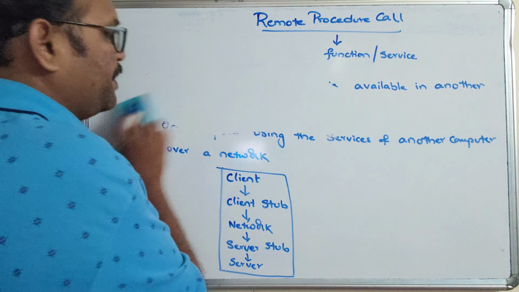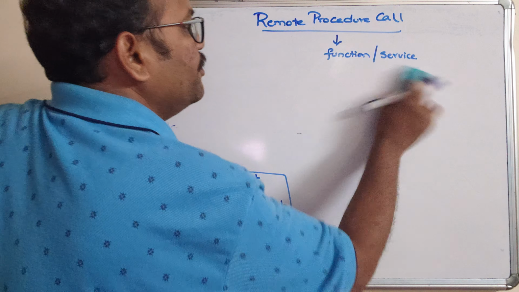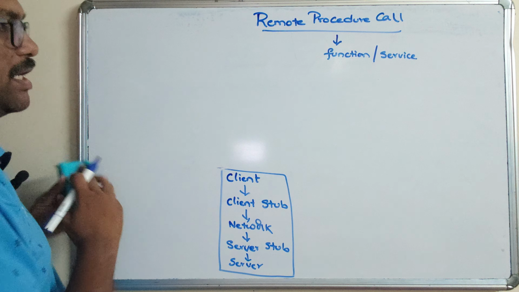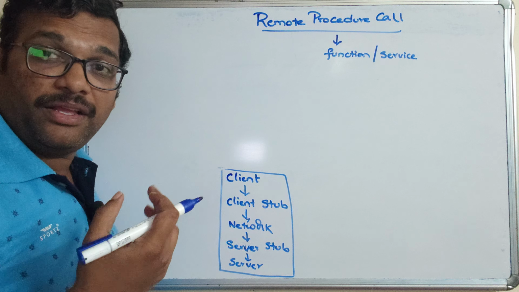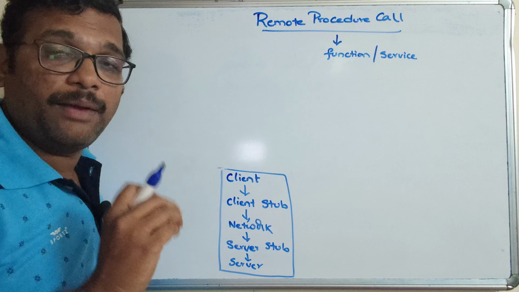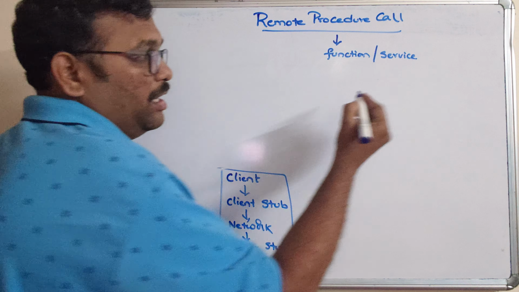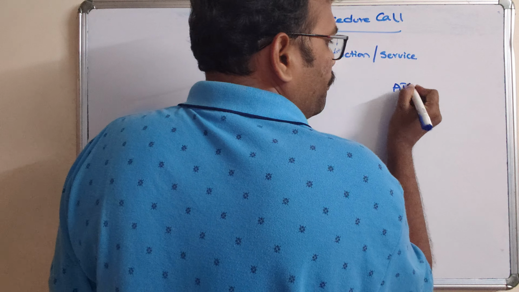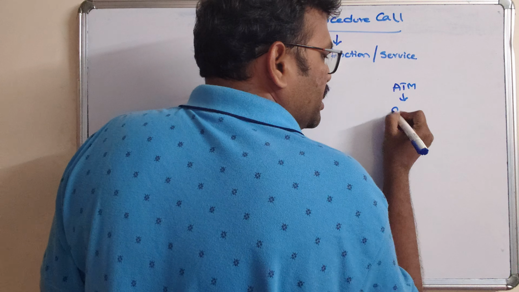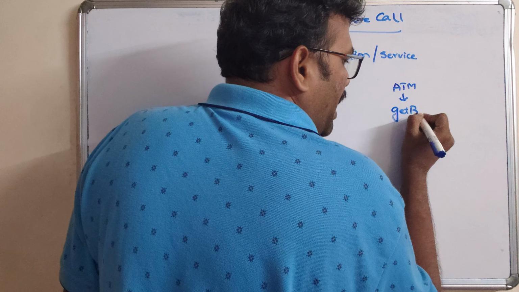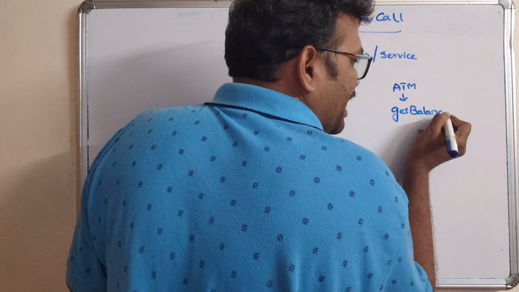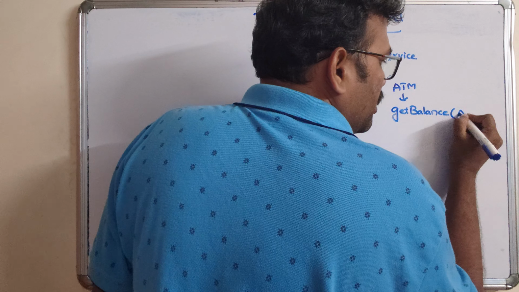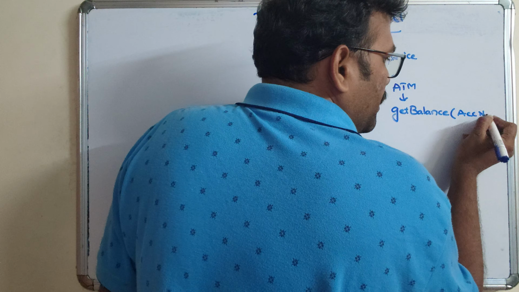See what happens. I'll give you a simple example so that you can understand. So you are going to an ATM and you are just using get balance function. So if you are using the service called get balance function, so what happens here?